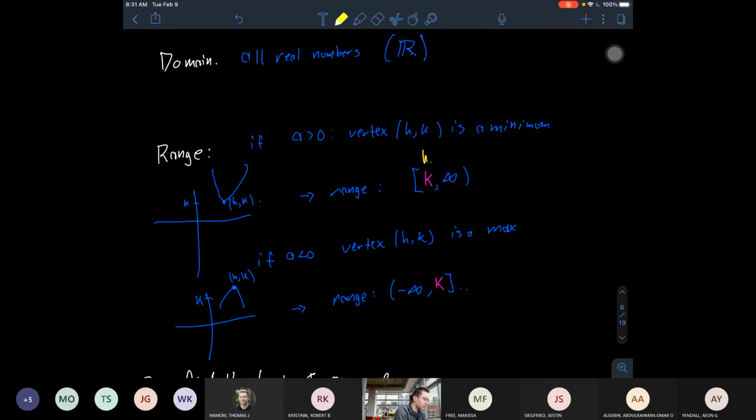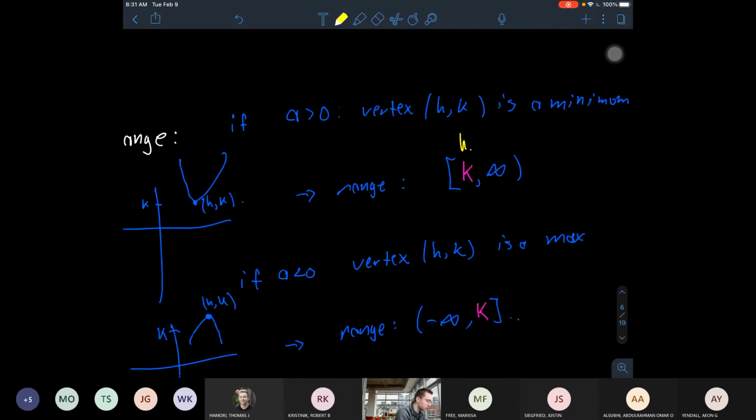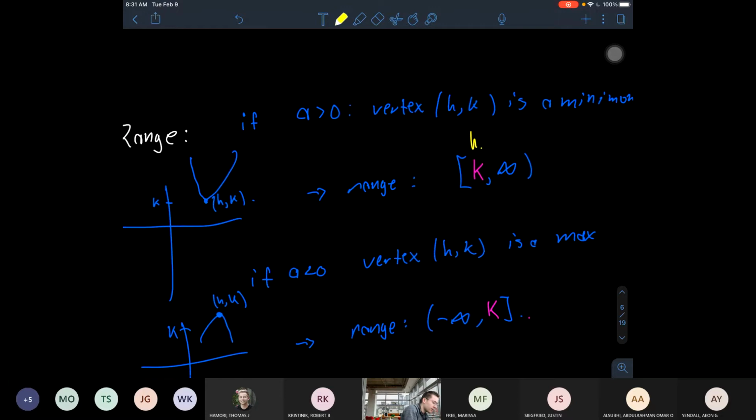I said that if a is a positive number, so we have a quadratic which is opening up, the range of that function was going to be from h to infinity. But the y value of this vertex is actually k, not h. So I mixed up my letters there. That should have been a k.